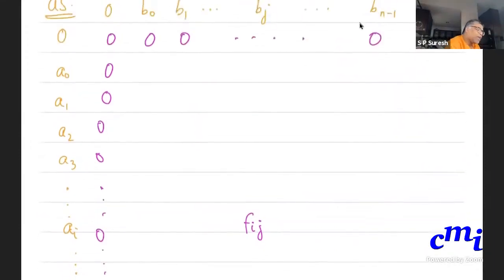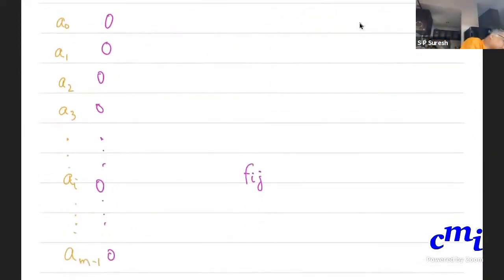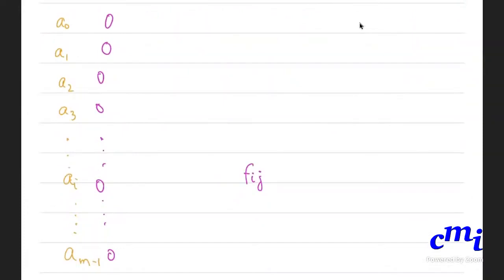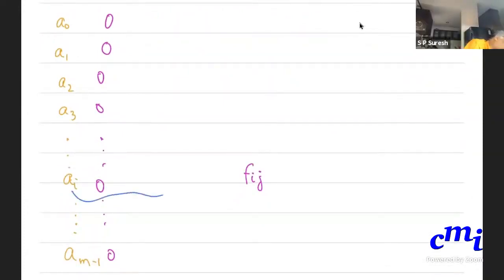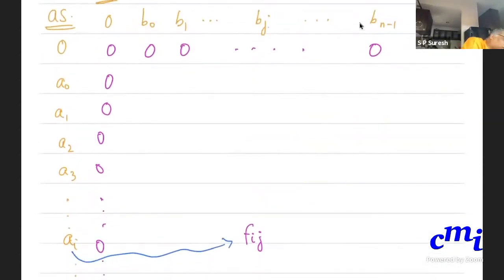And in general, what all does Fij depend on? Fij will depend on what AI is, the upper left and diagonal. Exactly. So you need to compare AI and Bj. So there is a dependency on AI and Bj. Otherwise, it is defined in terms of: if AI is equal to Bj, then you do 1 plus f of I minus 1, j minus 1.